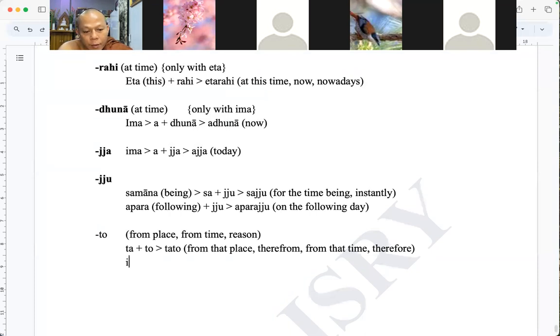And then for the ima, that ima maybe sometimes changes to the e, sometimes to the up. So after that, the door. So that is how we have the e door or a door form. Also, from this place or from this time.